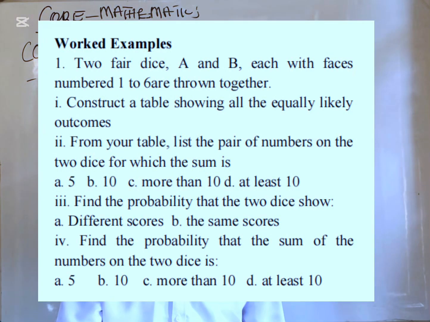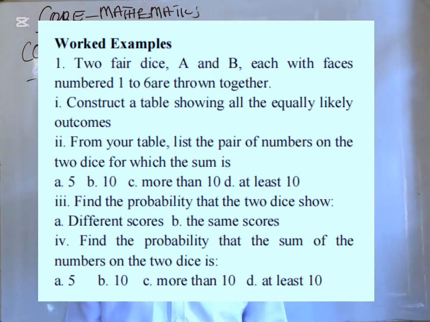Two fair dice, the plural form of a die is dice, A and B, each with faces numbered 1 to 6. So we all know that a die has 1 to 6 faces. They are thrown together. 1. Construct a table showing all the equally likely outcomes. 2.